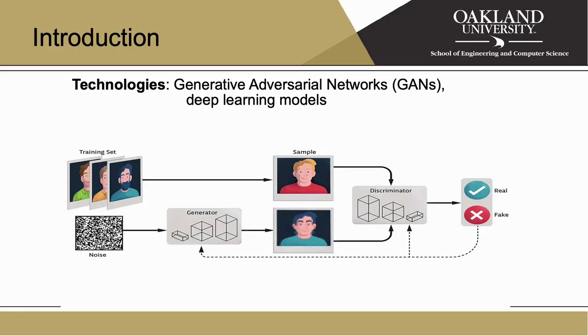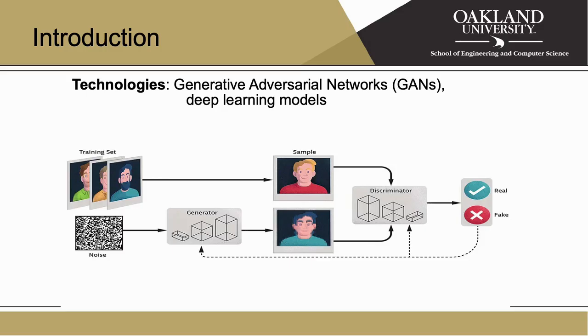At the heart of deepfake technology lies a powerful AI framework called Generative Adversarial Networks, or GANs. Here's how they work. Deepfakes utilize two neural networks, a generator and a discriminator, which together make up a GAN architecture.